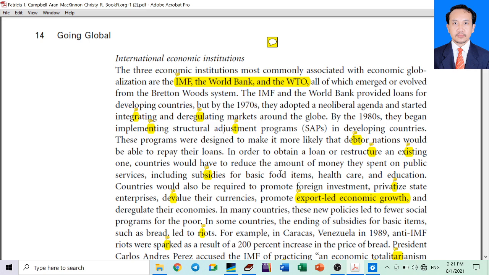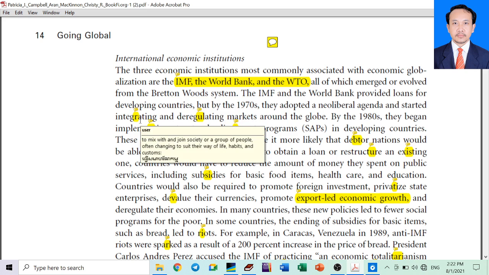The first one, IMF, is the abbreviation of International Monetary Fund, and World Bank for short is WB. WTO means World Trade Organization.